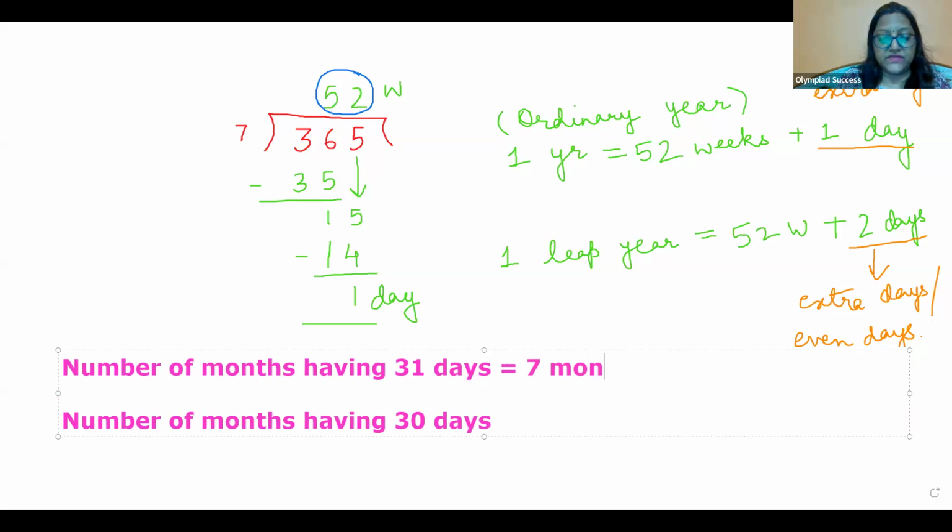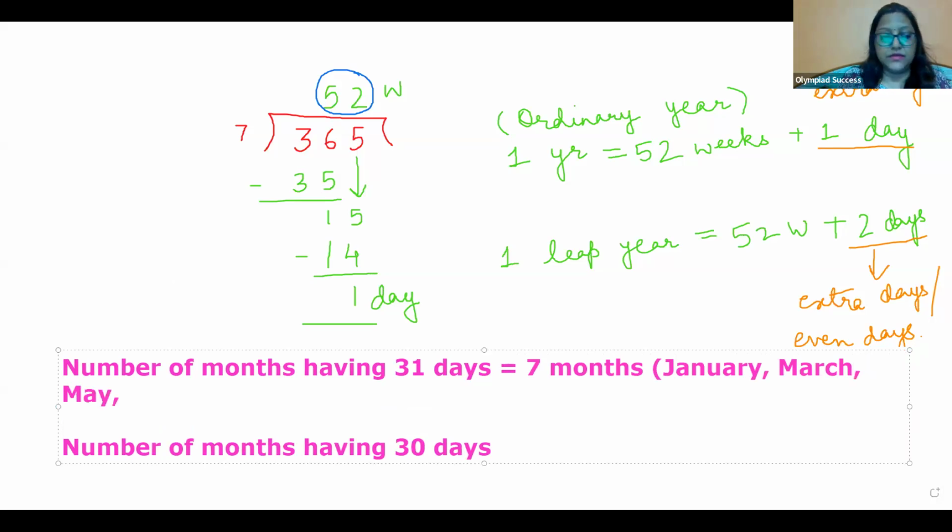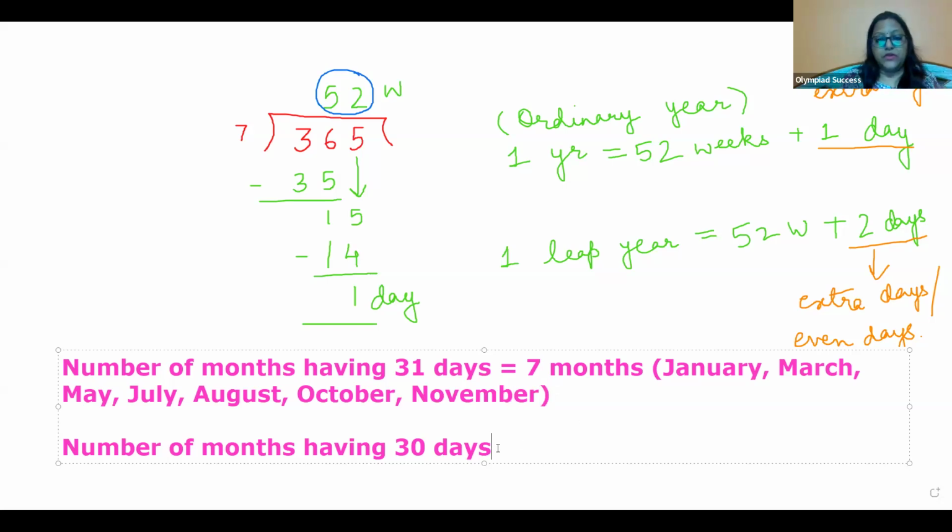31 days, we have 7 months. We have January, March, May, July, August, October, and December.